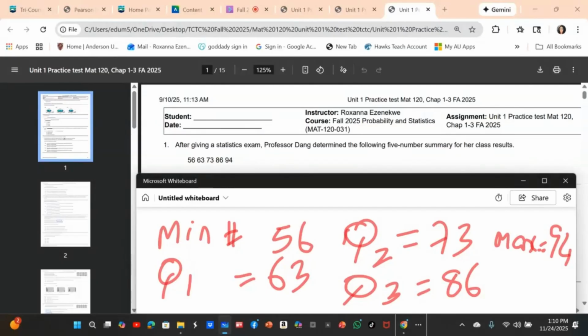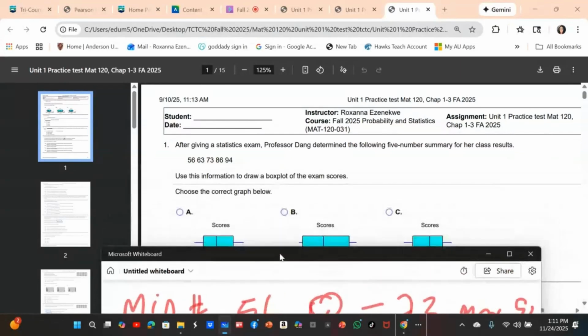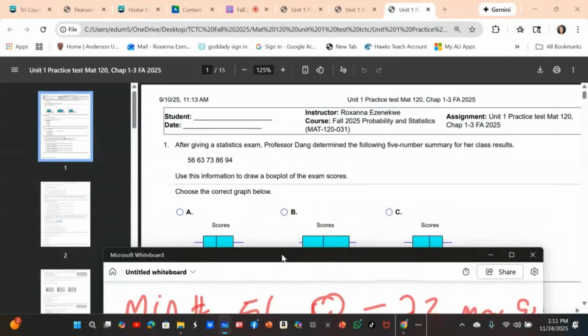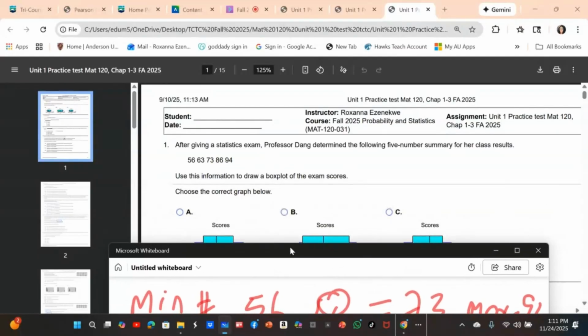All right, so you have to know that whenever you are given a 5-number summary, the smallest number is the minimum number, the second to the smallest. So the question here is, use this information to draw a box plot of the exam score.